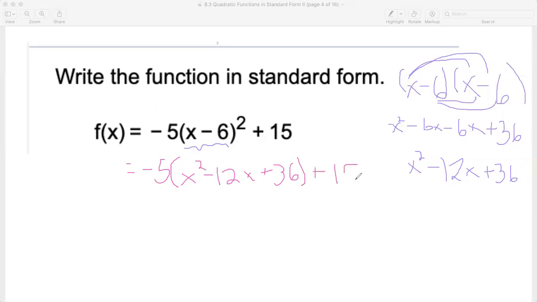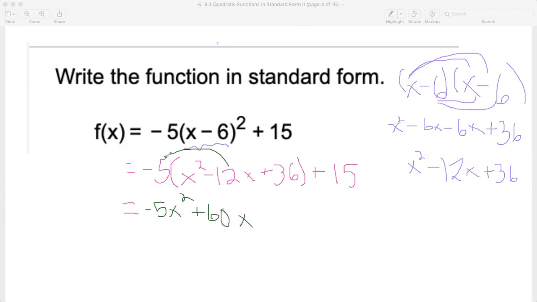All right, now let's distribute your -5. Now remember, just be careful because it's negative. People tend to drop negatives. They're so small and easy to lose. So green. All right, so that would give me a -5x squared. -5 times -12x is a positive 60x.